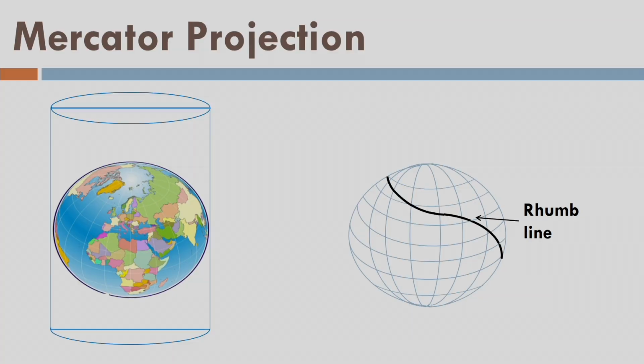Now there is a term called rhumb line, which is very important to understand. A rhumb line has been shown here, and you can see that the rhumb line maintains the same angle with each and every meridian, and that's the advantage. This is the way we define the rhumb line. If you see this angle here and this angle, with each and every meridian, it is the same.